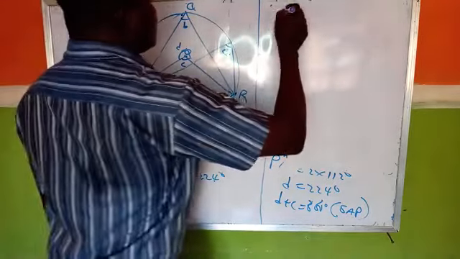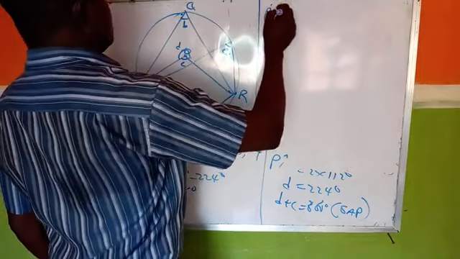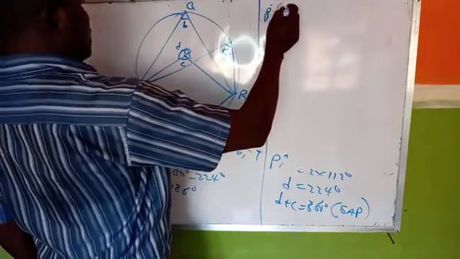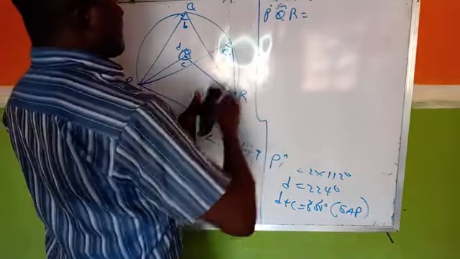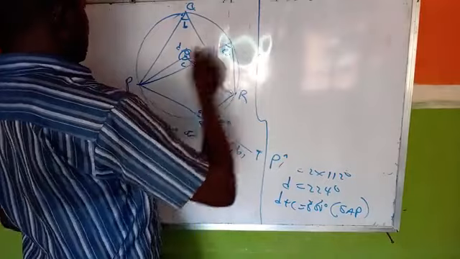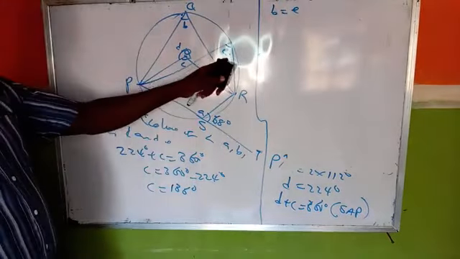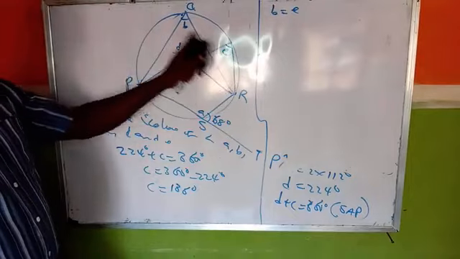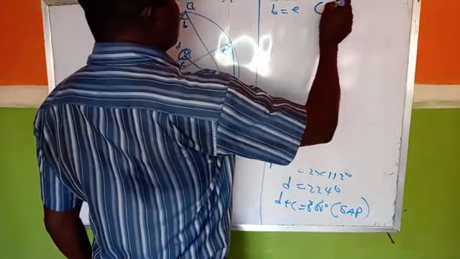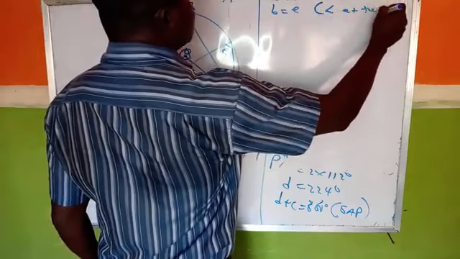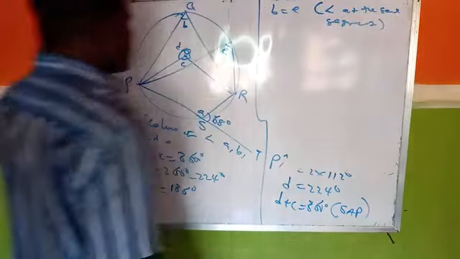So simply say that angle E equals angle B. They are angles in the same segment.